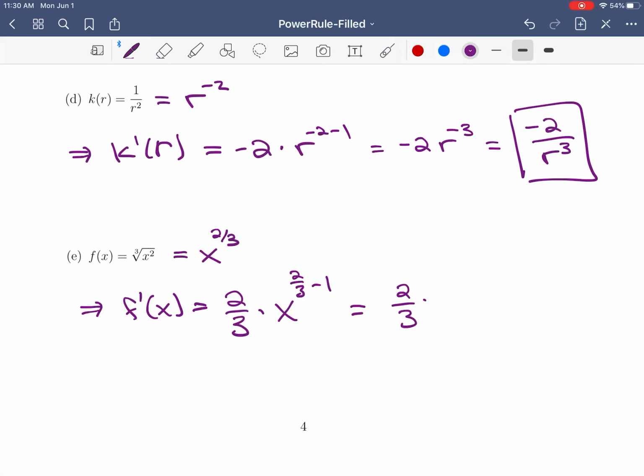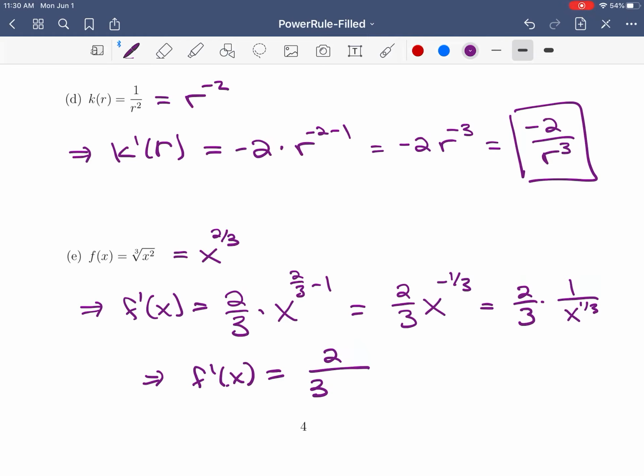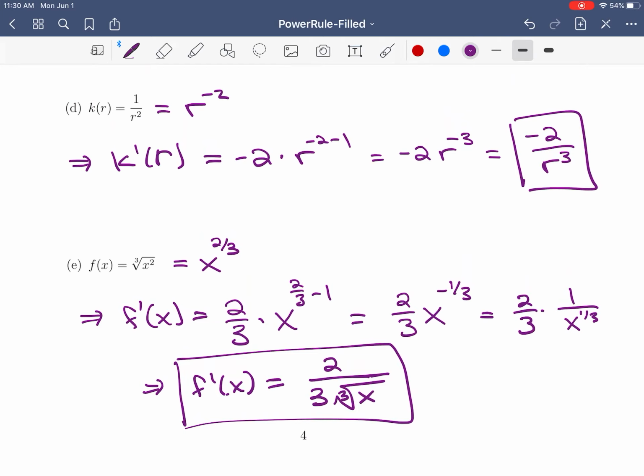So this is going to be 2/3 x to the negative 1/3, which you could think, so negative 1/3 is 1 over x to the positive 1/3. And when we're multiplying fractions, you multiply straight across, so it's 2 times 3x to the 1/3, which maybe you want to write as a cube root of x, if you like the roots better. That's the derivative there. So that's hopefully convinced you of the power rule and how we might use it.